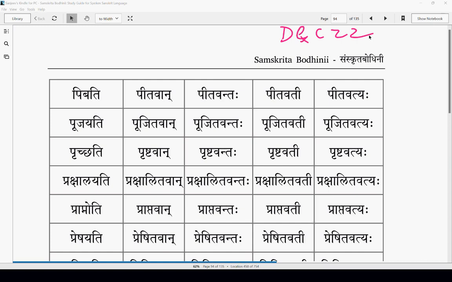So when we say "pitavan balakah agamishyati," the agamana kriya is in December, but the drinking kriya will happen somewhere in the future, anywhere before December 22. It could be in December, it could be in January 2000. We don't know.